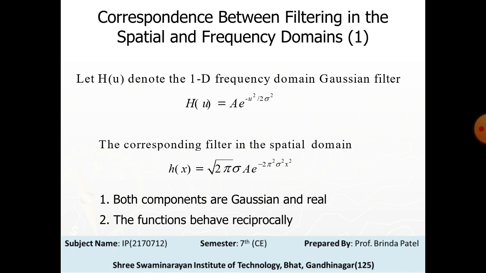In addition, Gaussian curves are intuitive and easy to manipulate. The second is that the functions behave reciprocally: when H(u) has a broad profile, meaning a large value of sigma, h(x) has a narrow profile, and vice versa. As sigma approaches infinity, H(u) tends toward a constant function and h(x) tends toward an impulse, which implies no filtering in the frequency and spatial domains respectively.